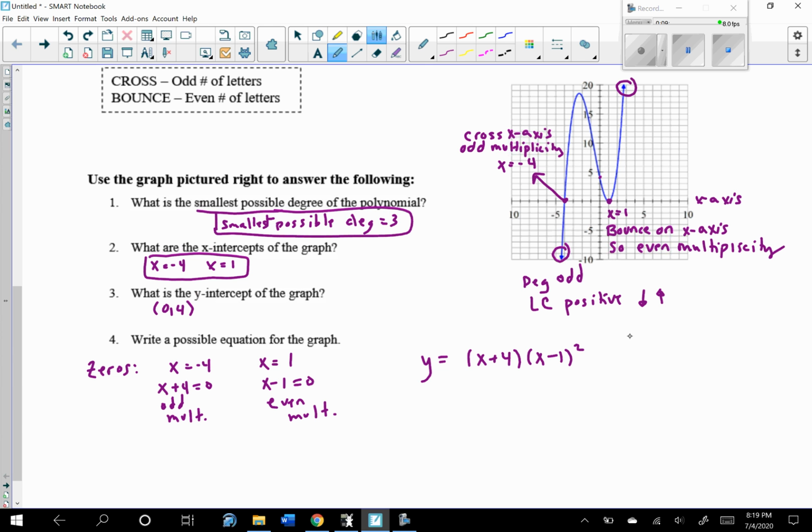Now, we can actually get a little bit more technical with this by figuring out a point.